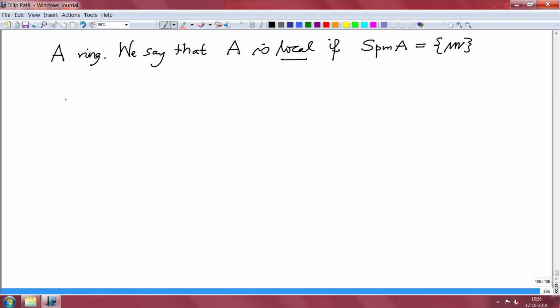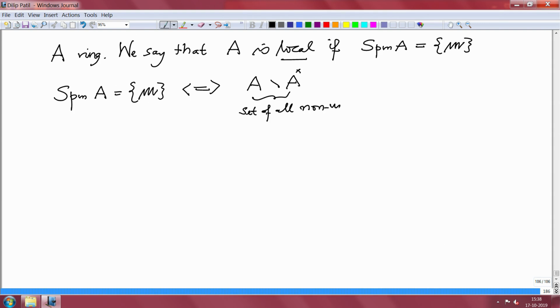A is local, or let me write it in the form SPM of A equal to the singleton M, if and only if A minus the units of A, the set of all non-units in A, forms an ideal in A. That is equivalent to saying there is exactly one maximal ideal.